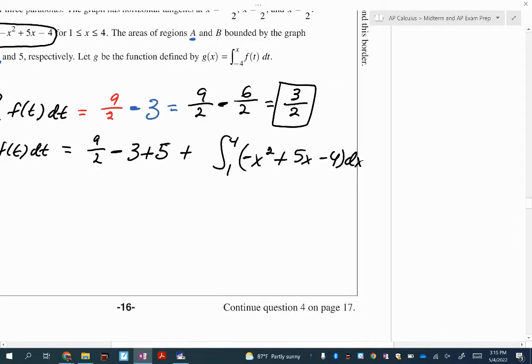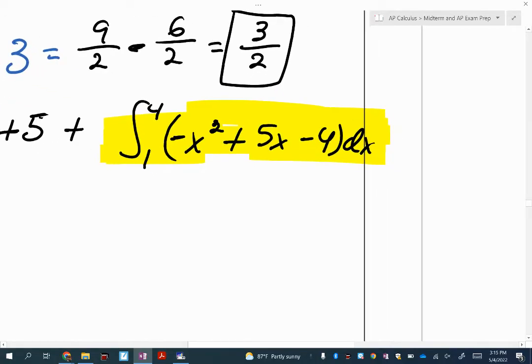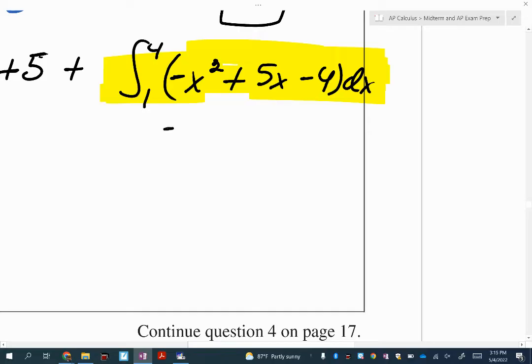All right, so really I'm going to focus all my work now on this integral. Andrew, you said it when I asked about the integral. You said the antiderivative. So let's find it. What's the antiderivative of negative x squared? Negative 1/3 x cubed. What about the antiderivative of 5x? It's got to be x squared, right? 5/2.